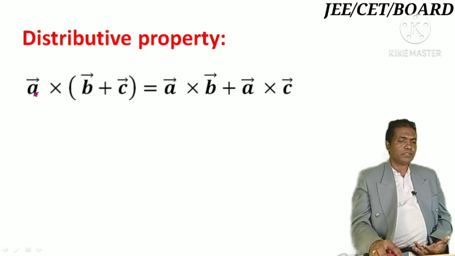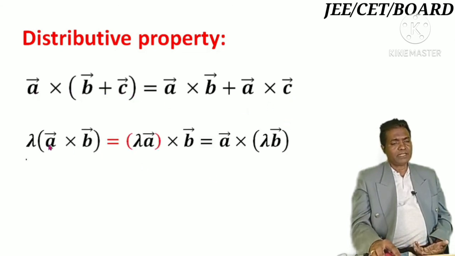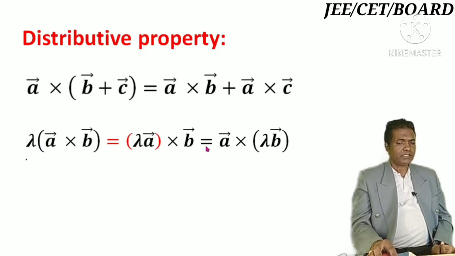So you can write A cross B plus vector A cross vector C. So similarly, if there is any scalar quantity outside the cross product of two vectors, then you can multiply lambda to either of the vectors, lambda with A vector or lambda with B vector, and then find the cross product. So these are the two properties you have to remember.